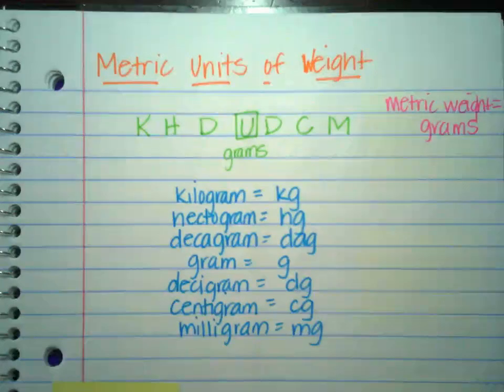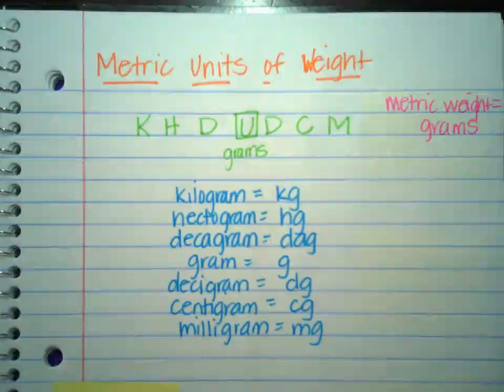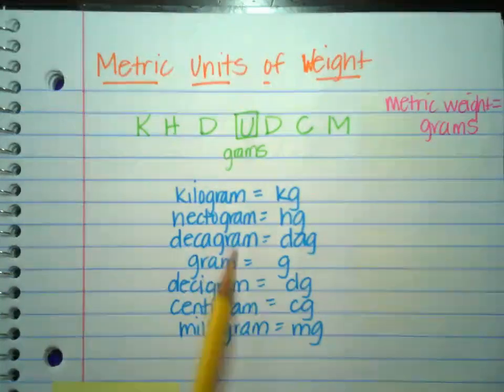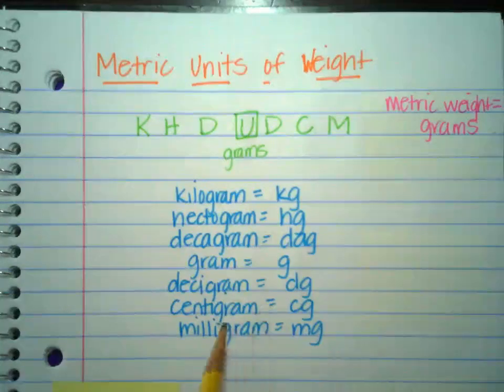Some of these probably sound familiar to you, like a kilogram and a milligram, which are the most common metric units of weight that we use, and gram. You will not hear a lot about hectograms or decagrams or centigrams, but they do exist. So we're going to use some of them in our conversions, but not a whole lot. We're going to stick with our kilograms, grams, and milligrams as our primary units of metric weight.